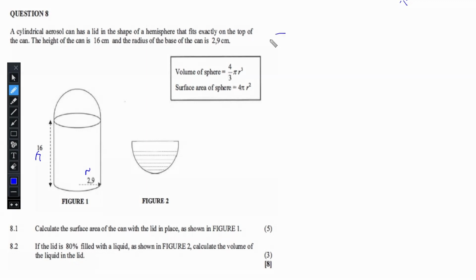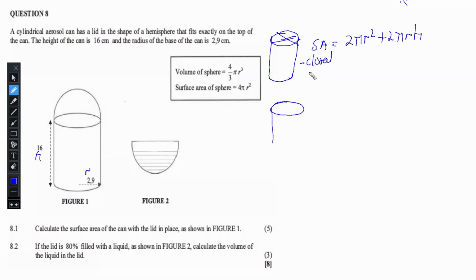Now you will remember that I said if you have a cylinder that is closed on top, just like this, and closed here at the bottom, then the surface area of the cylinder would have to be 2 pi r squared plus 2 pi r h. Let me say this is for a closed cylinder.